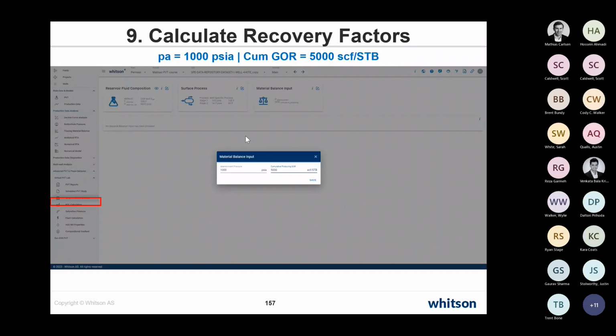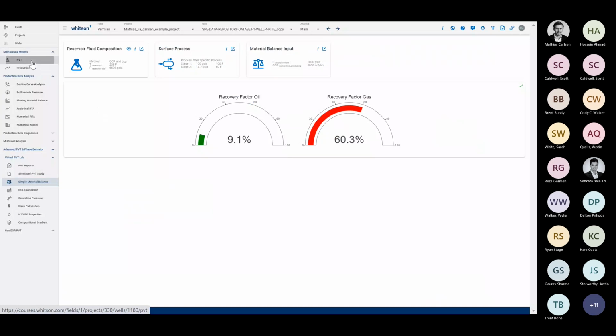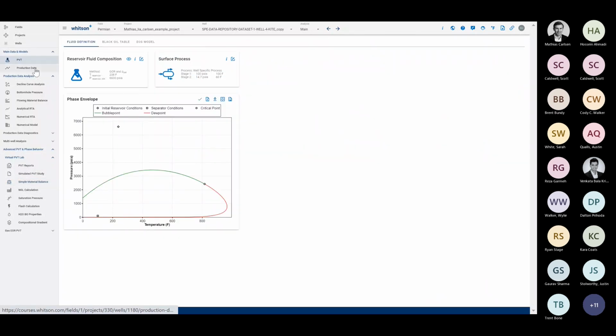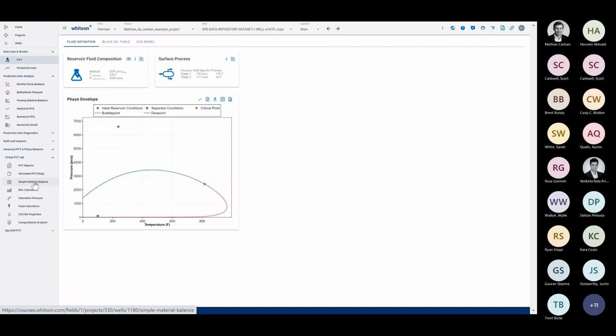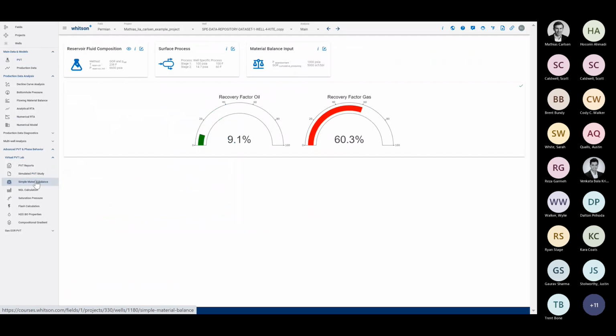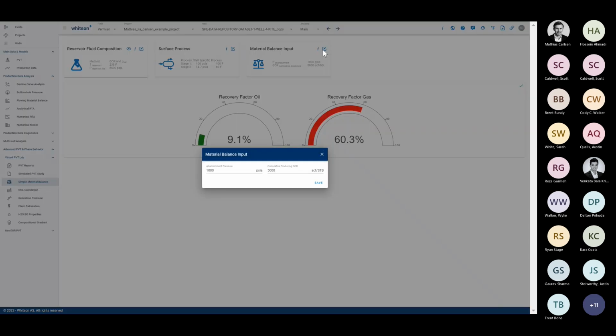Yeah, perfect. So if we're in the PVT part here, you go from the PVT part all the way down to simple material balance. That is down here. And then in simple material balance, we have the material balance input. In the material balance input, we just edit right here, and you input the abandonment pressure and the cumulative producing GOR.